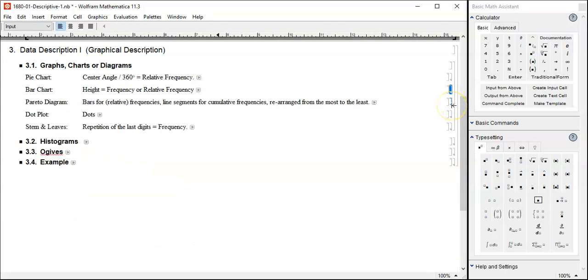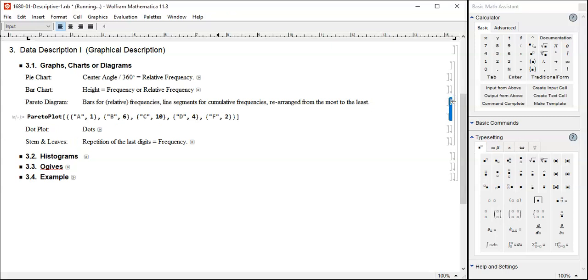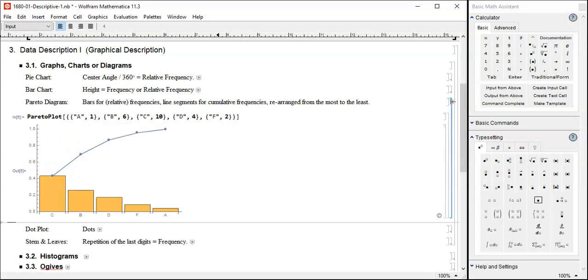Next, Pareto Diagram, and this one actually is good for nominal variables. It's not really good for ordinal variables, but here we go anyway. Pareto diagram is a combination of the line graph and the bar graphs put together, but there is a rule.